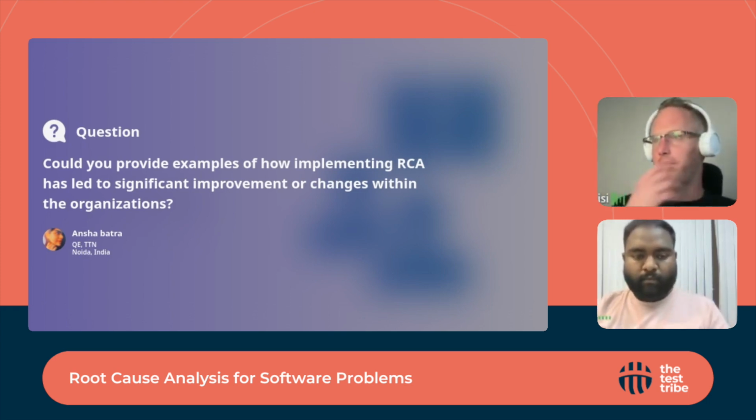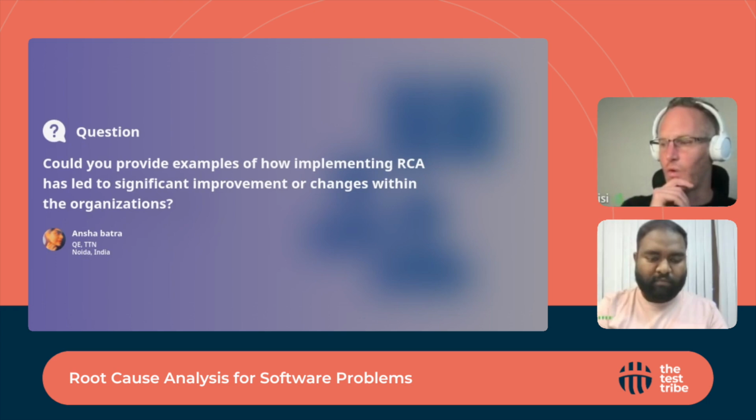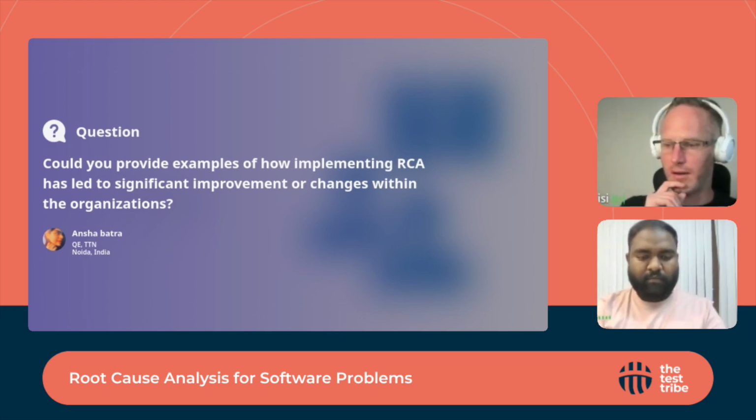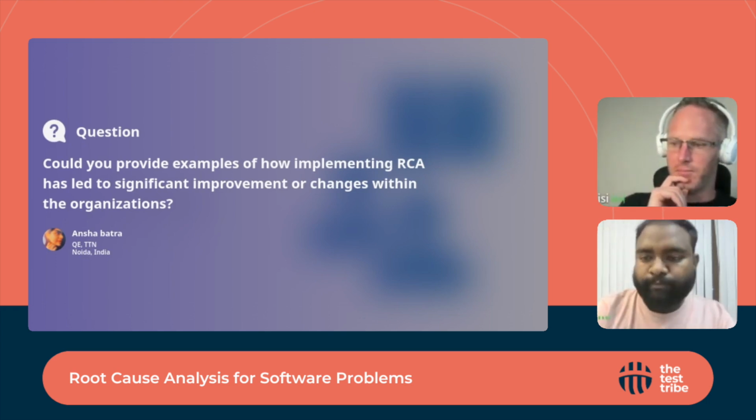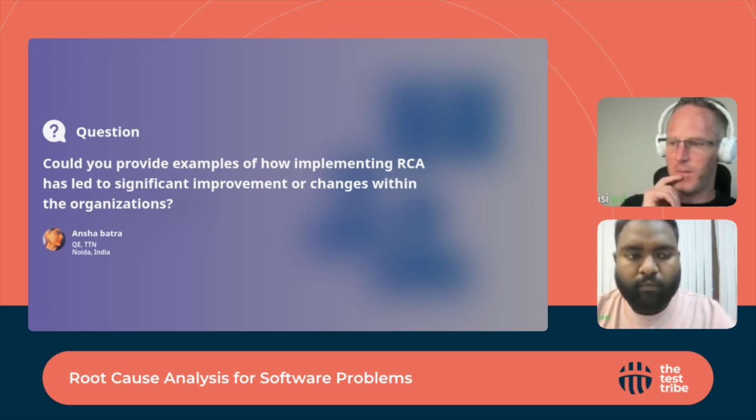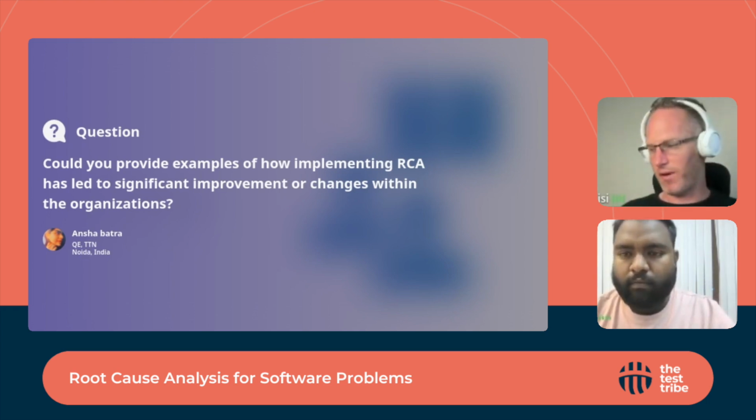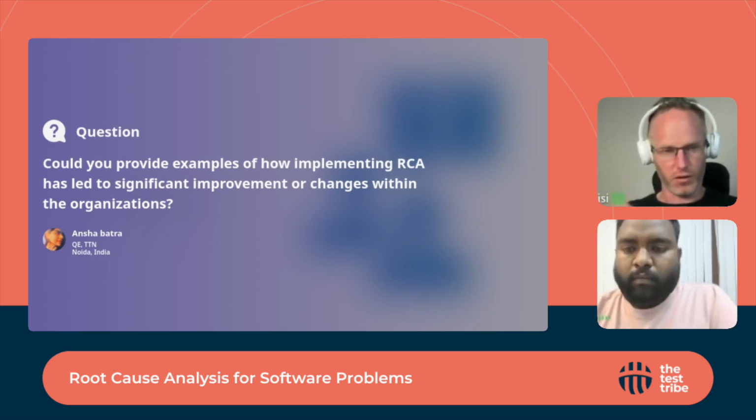I can use quite a few organizations I've worked with, but one that comes to mind speaks to part of a development culture. We found a lot of issues within a particular part of the code.